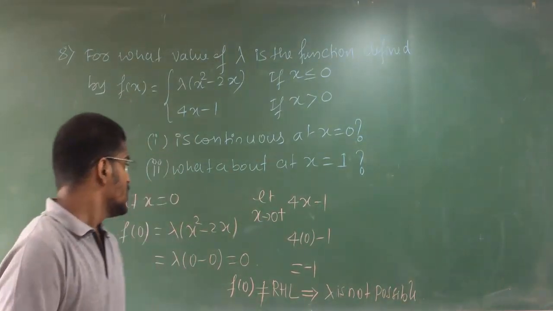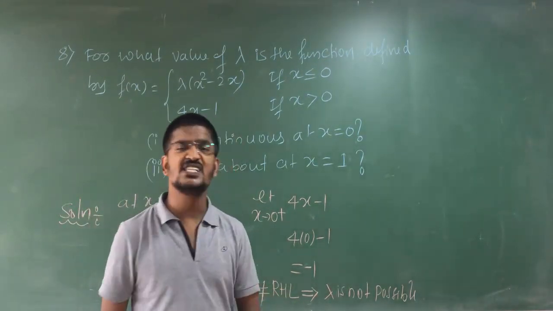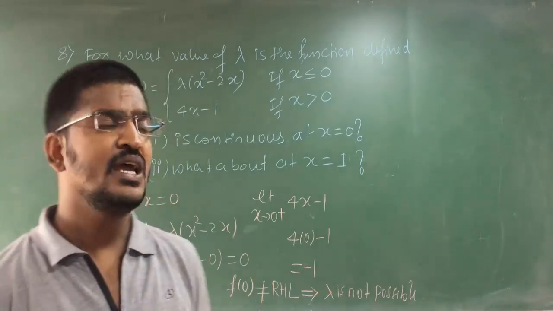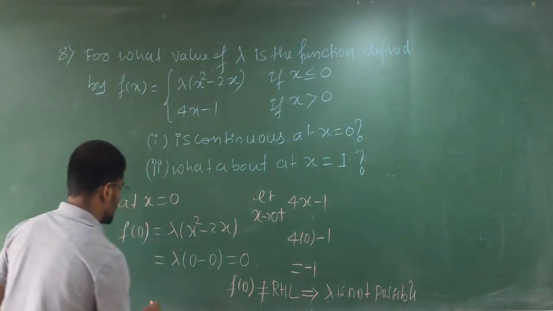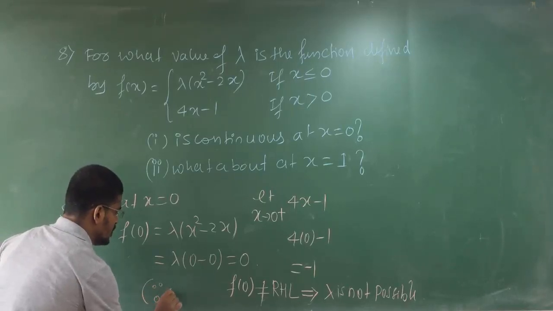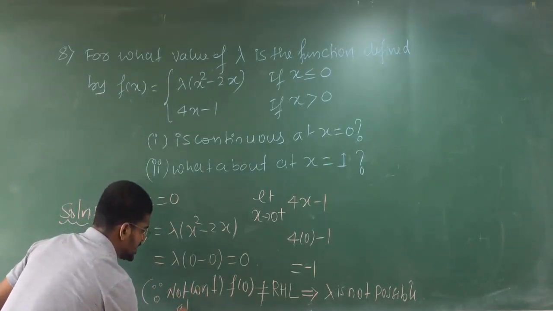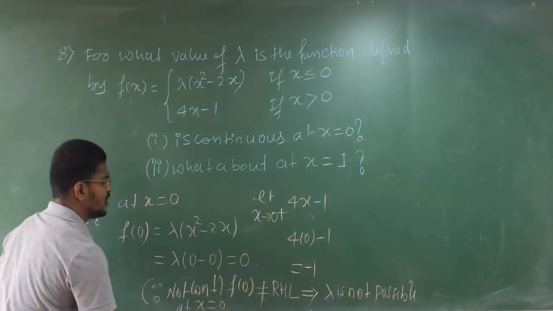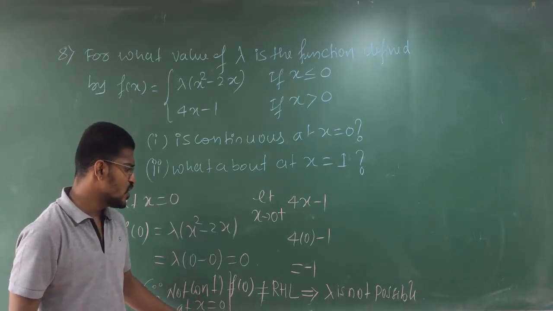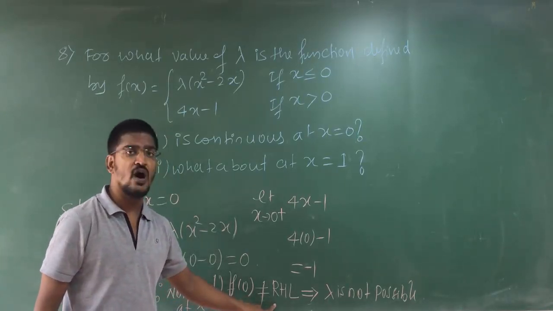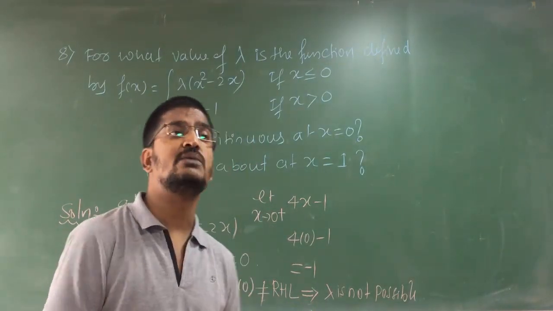Clear? Therefore, f of 0 is not equal to the RHL. That implies lambda is not possible because it is not continuous. Here you can write, because this is not continuous at x equal to 0, f of 0 is not equal to RHL, implies lambda is not possible.